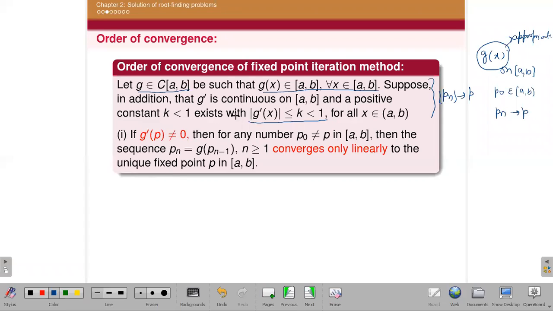So now how to find the order of convergence? What is the order of convergence of this sequence? This also depends on g of x. Suppose you got a g of x that is appropriate, so obviously it will satisfy g of p equal to p, because p is a fixed point for this g of x. Now you find its derivative, then put x is equal to p into that function.